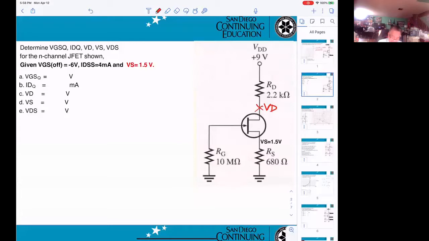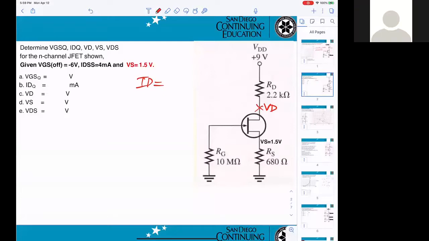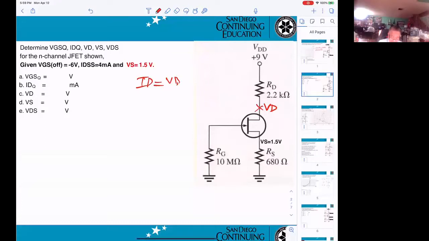In this case, ID equals VDD minus VD, divided by RD.